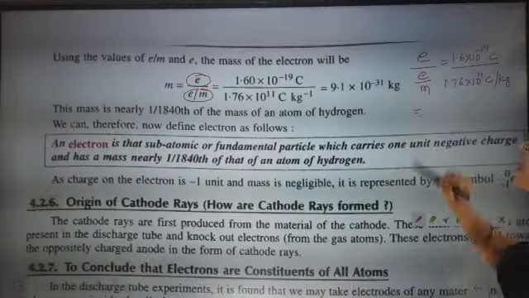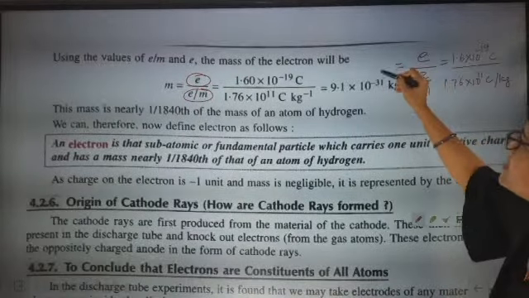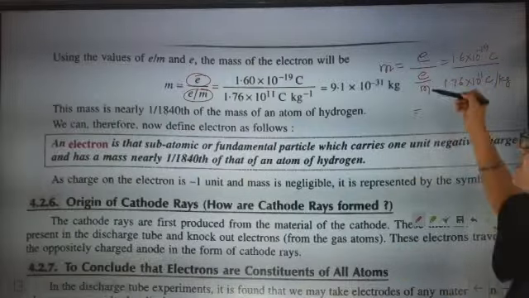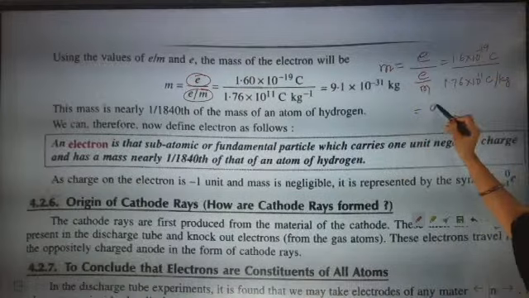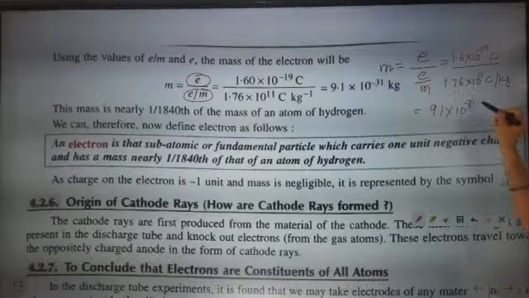After calculation, it is going to give us mass. Charge by mass, this mass will go up, so it will become mass. So mass is equal to 9.1 into 10 to the power minus 31 kg.